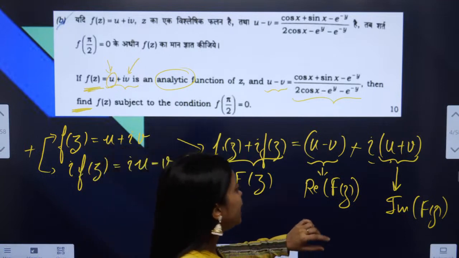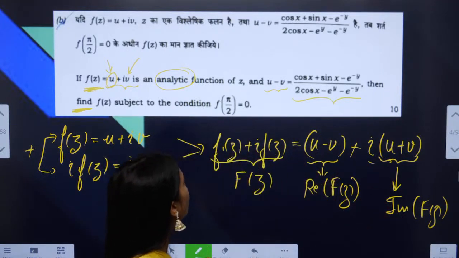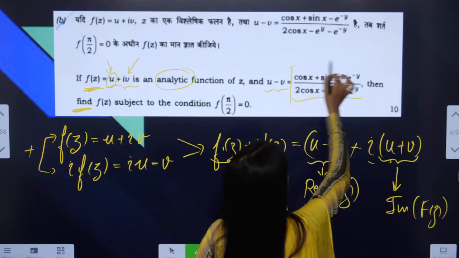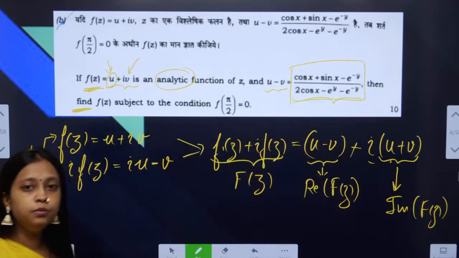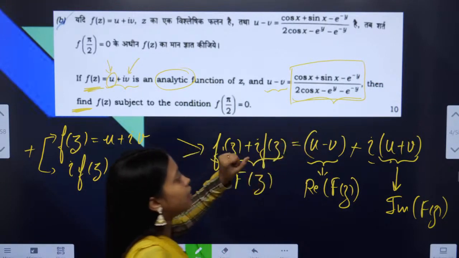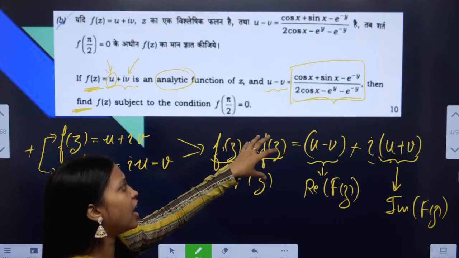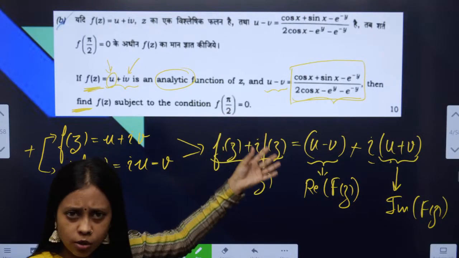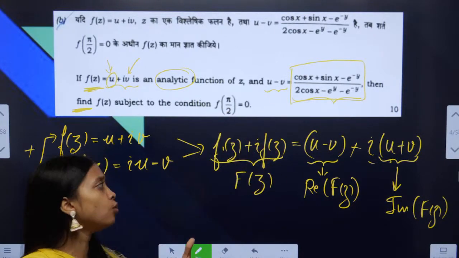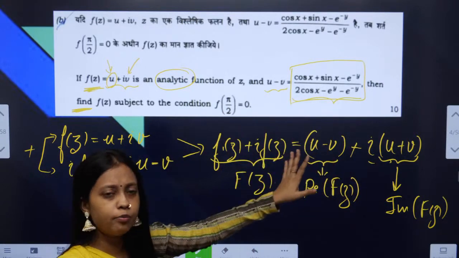But even the CR equation can create a little bit of problem here. Why? See the function, it will take some of your time, because it's a kind of complex function. X and y are introduced in such a manner that it will take some time to do ux, uy, then vx, vy, all those things.